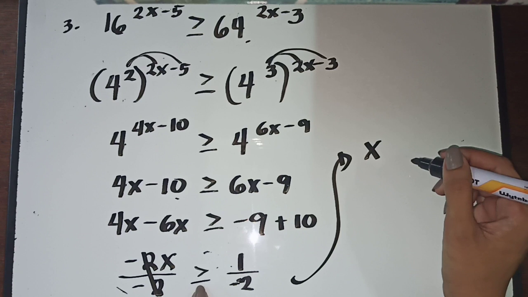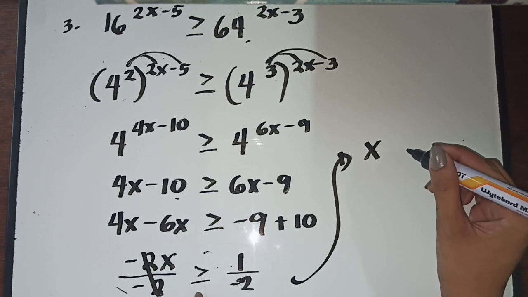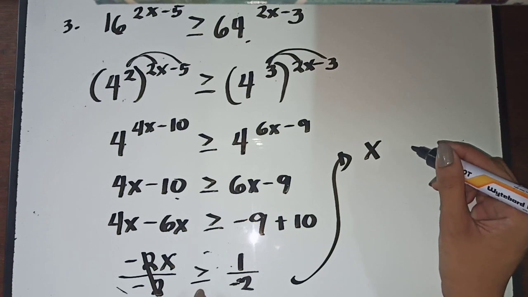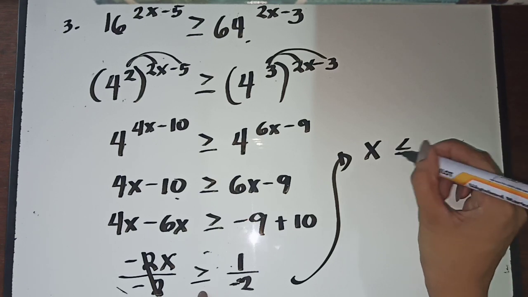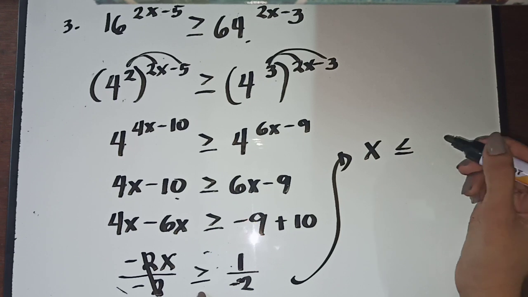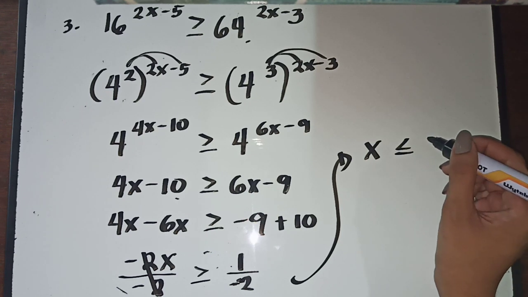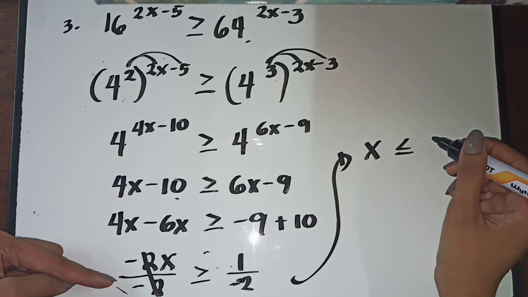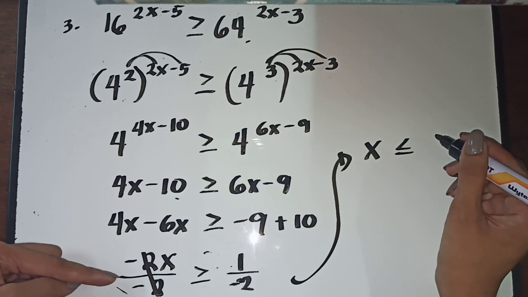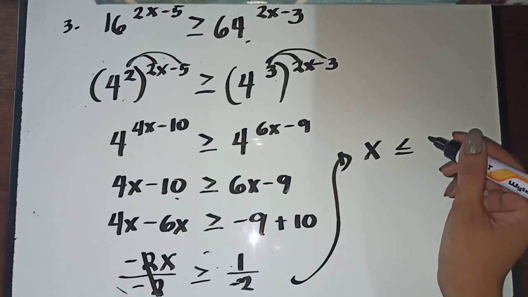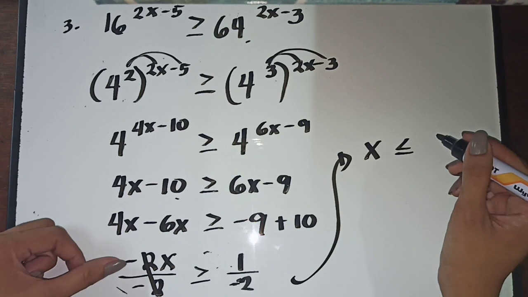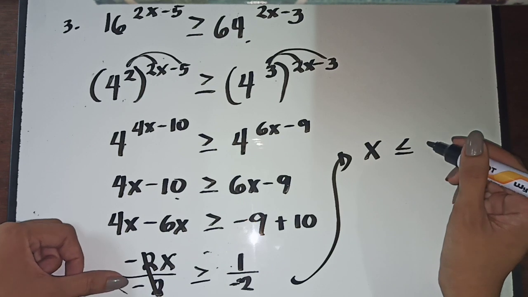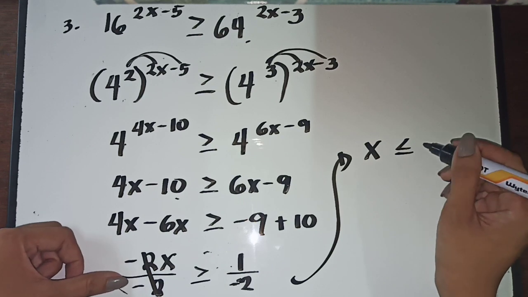Ngayon, this greater than or equal will change. Okay? This greater than or equal will change. So, it will become less than or equal. So, bakit po naging less than or equal? Kasi po, nag-divide ako ng negative real number. Again, sa rule for solving inequality, kapag nag-divide ka or nag-multiply ka ng negative real number, your inequality will change.